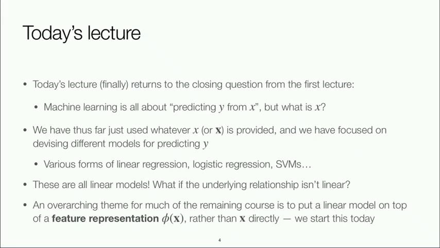Instead of working with X, we're going to be working with some function phi that turns X into a different feature vector. And then we're going to hope that in this different feature representation, our linear models can work better if they weren't such a good fit in the original features X that we had. That's the idea behind what we're going to be doing for a lot of the rest of this course. And we're going to start that today with kernels.